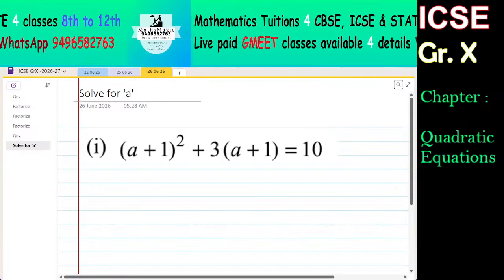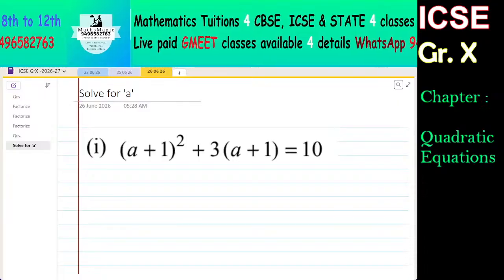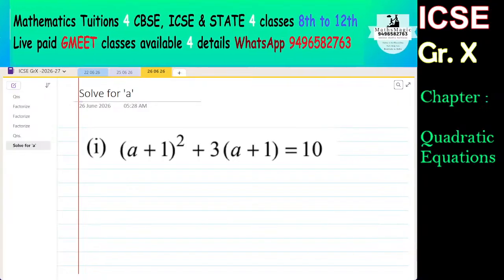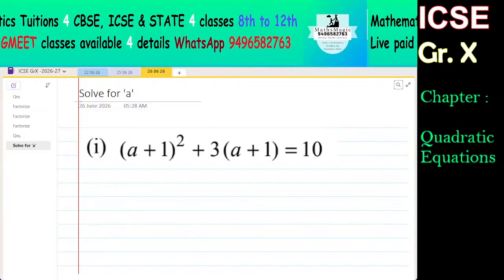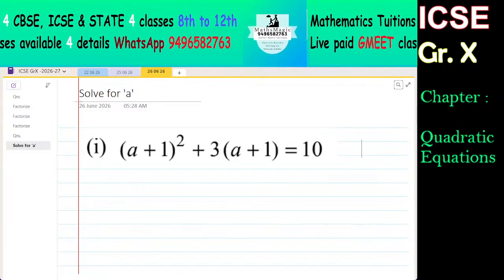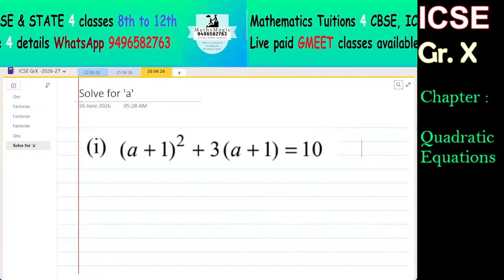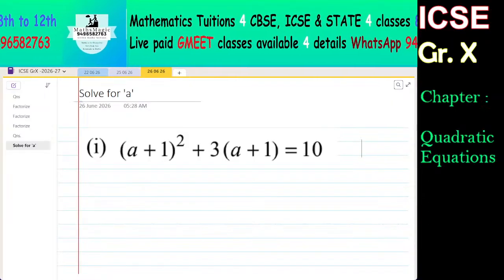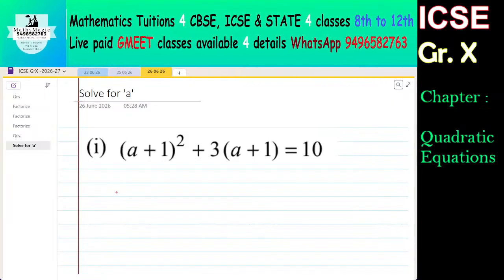We can either expand it, simplify it, make a quadratic equation with a and then solve it. But here we are trying to solve it in a little bit different way.